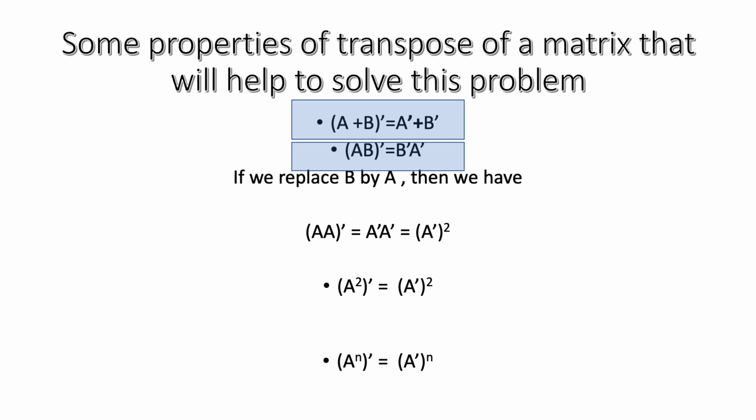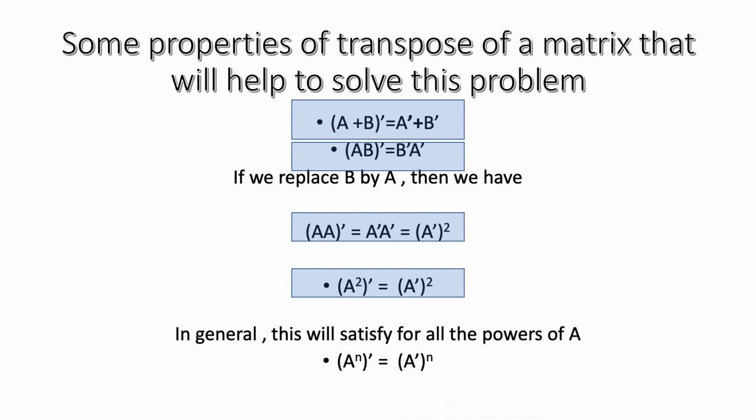And if we replace B by A, then (A square) dash is equal to A dash square, so the transpose of A square is basically the square of its transpose. In general, this satisfies all the powers of A, so the transpose of A to the power n is equal to (A dash) to the power n. Use that in our previous slides.